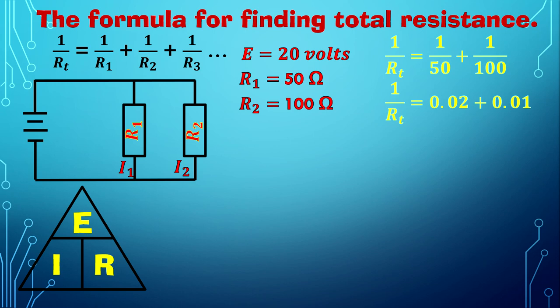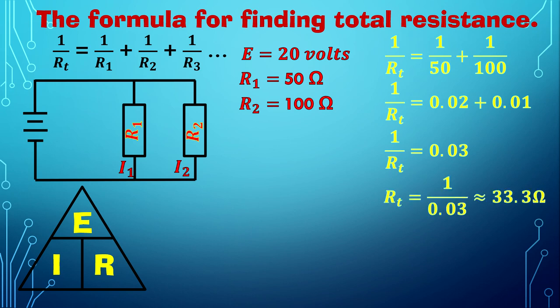When I do the division, I get 0.02 and 0.01. If I add those together, I get 0.03. So my total resistance will be 1 divided by 0.03, which is 33.3 repeating. And so I'm just going to round that off to 33.3 ohms. So that's my total resistance.